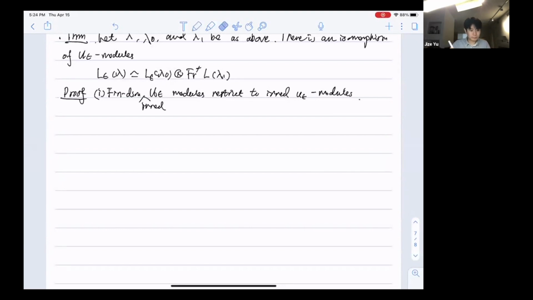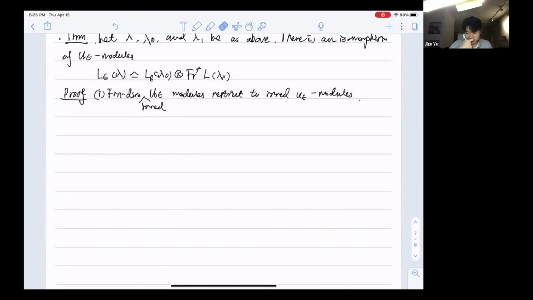And it's also not true for all finite dimensional irreducibles. Of course, for restricted weights, I think this is true.